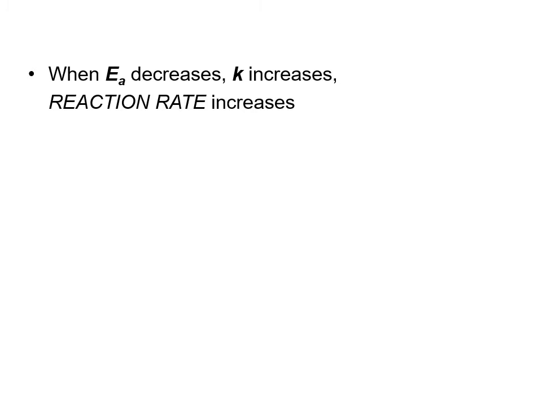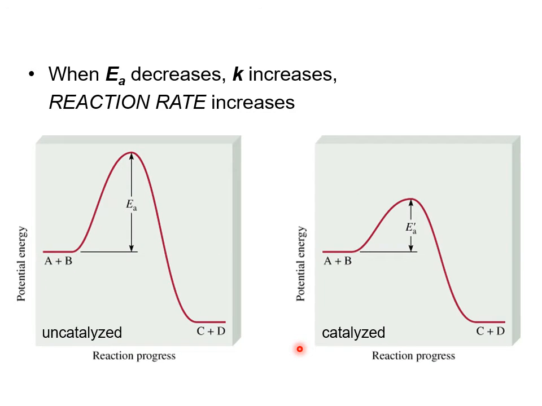When activation energy decreases, the constant K increases and the reaction rate increases. So when we have a catalyzed reaction, you can see on the right graph here, the activation energy is lowered compared to the uncatalyzed reaction where the activation energy is high here.